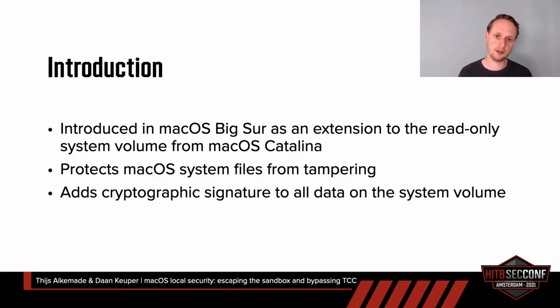In macOS Big Sur, this has been upgraded to also add a cryptographic signature over all data on the system volume. So even if you remount the entire system volume as read and writable, you could change the files on the system volume, but the system would no longer boot that specific version of the file system because the cryptographic signature is invalid.